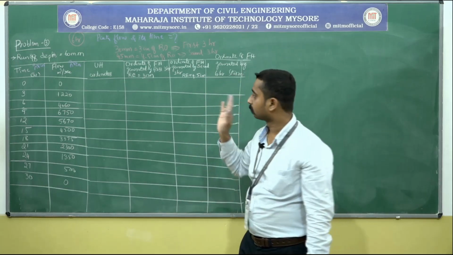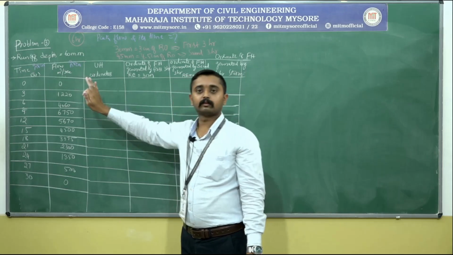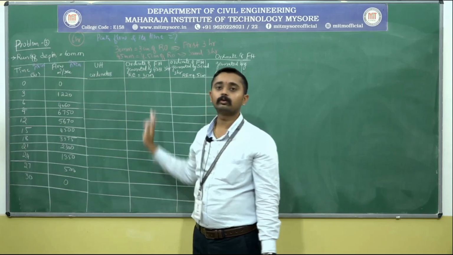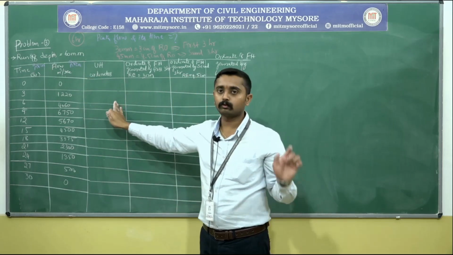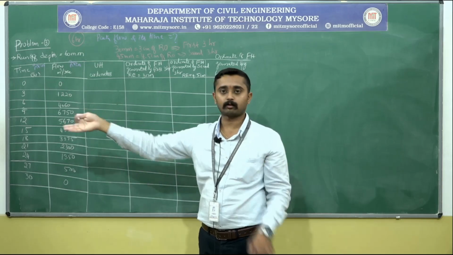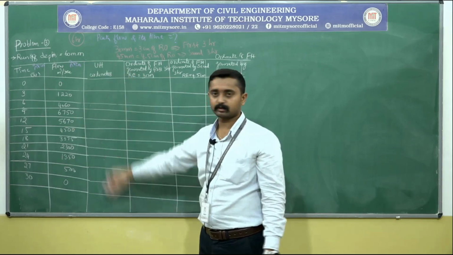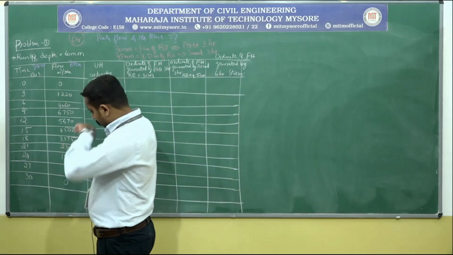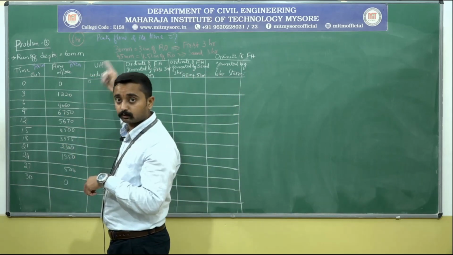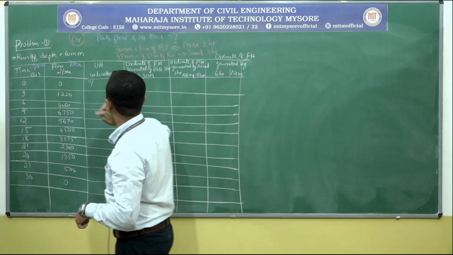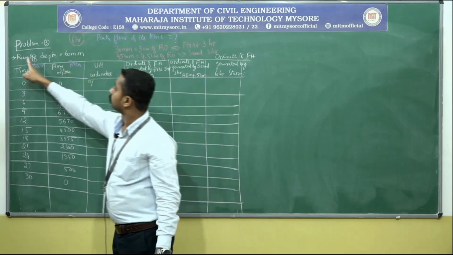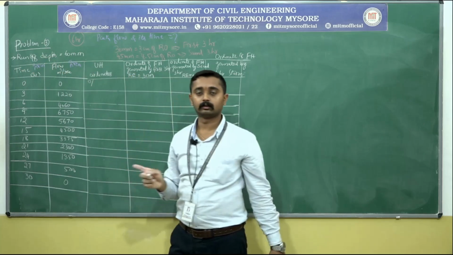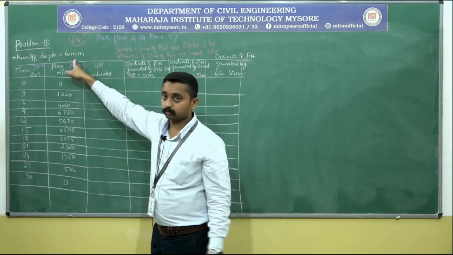Okay, don't worry. Flow hydrograph is given, convert this into unit hydrograph. This step you know very well, just previous problem only we did the same kind of problem. We are converting to unit hydrograph, so divide by runoff depth 60 mm, nothing but 6 centimeter.